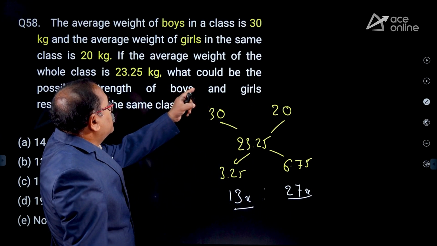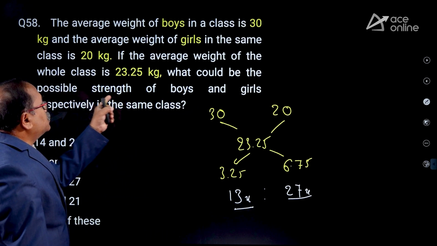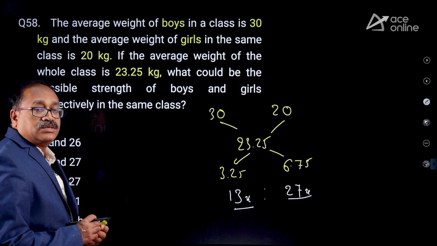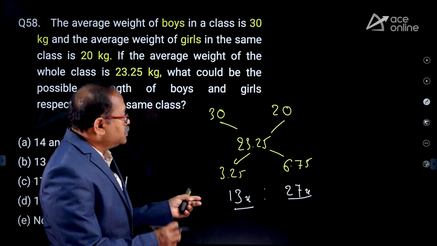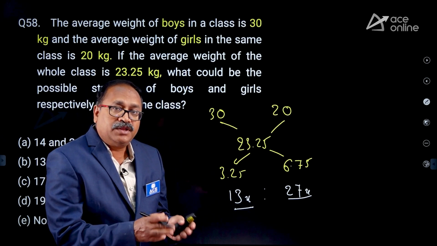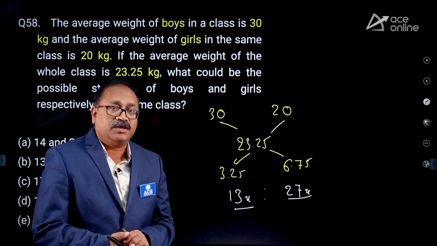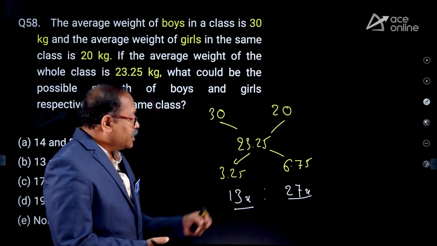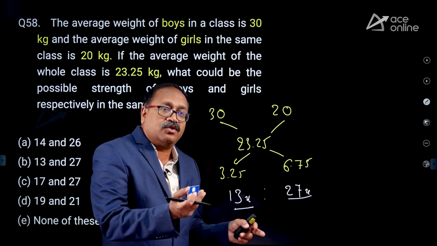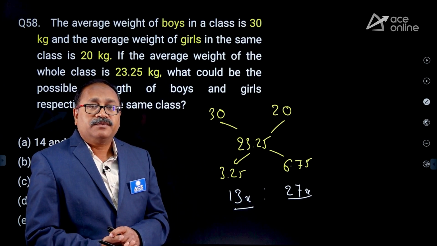So what is the question here? What would be the possible strength of boys and girls? If I consider x as 1, then the total number will be 13 plus 27, which is 40. If I consider x as 2 or 3 or 4, the value keeps changing.